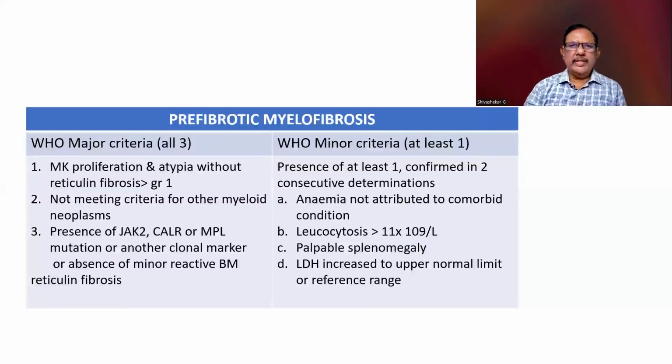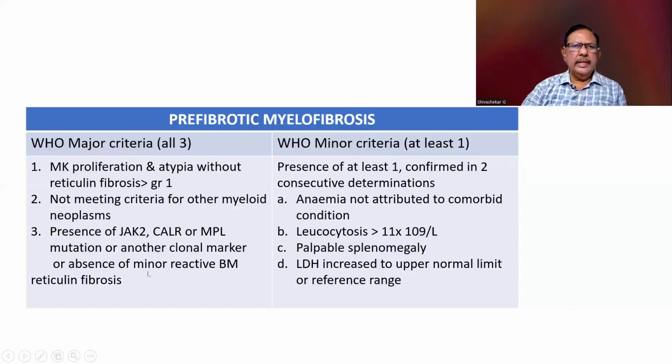There are two stages, as I had mentioned, the prefibrotic. WHO has given the major and the minor criteria. I would like you people to kindly go through them. In this one, there is megakaryocytic proliferation and atypia without reticulin fibrosis. It does not meet the criteria for other myeloid neoplasms, a lymphoma or a myeloid leukemia, and so on. There can be the presence of any of these mutations, JAK2, CALR, or MPL.